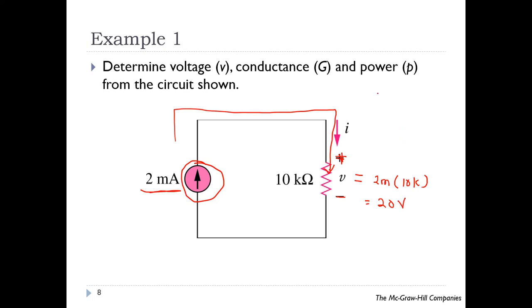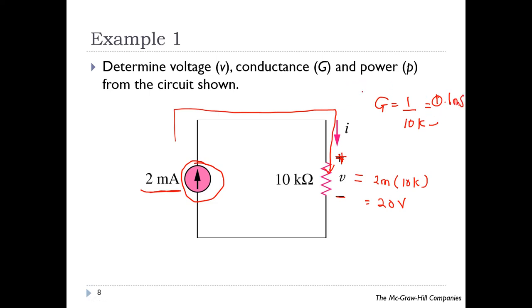For the case of conductance, G equals 1 over 10K, which is 0.1, and K becomes millisiemens.